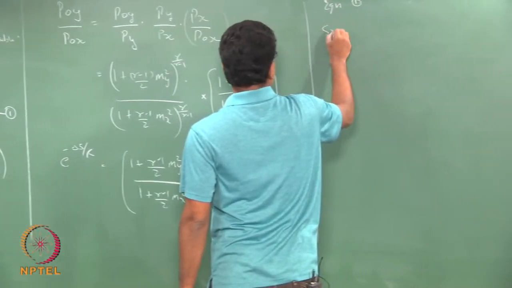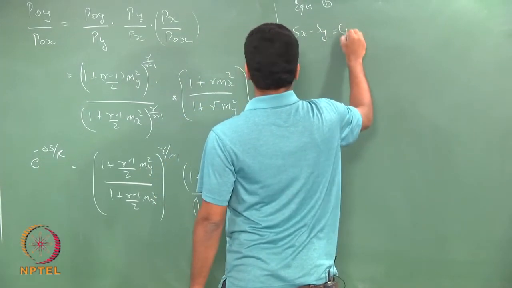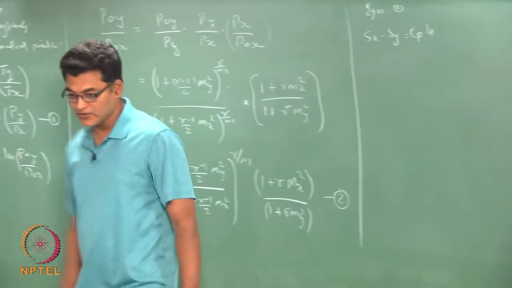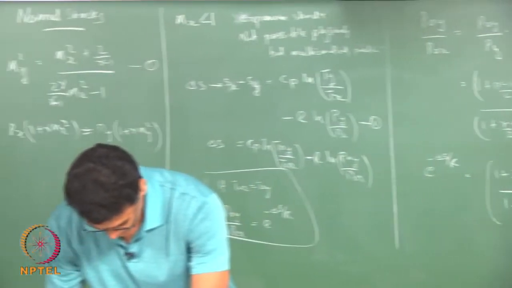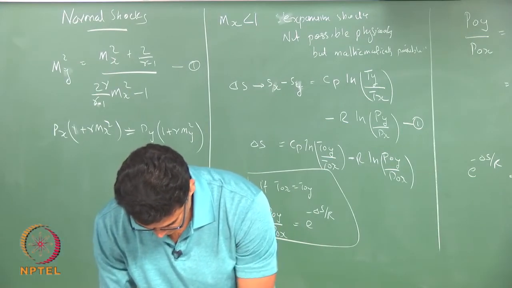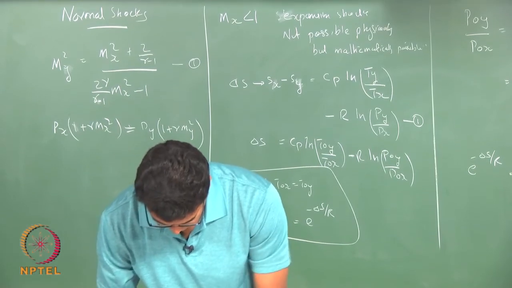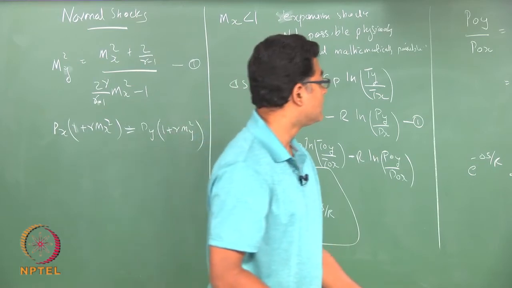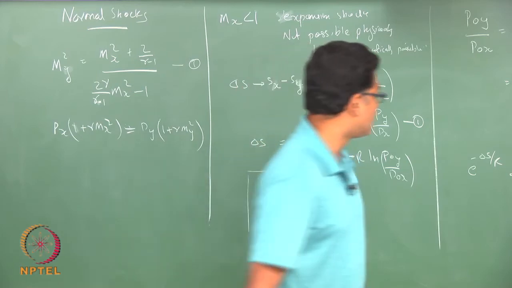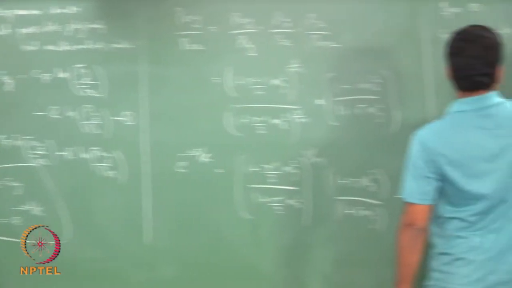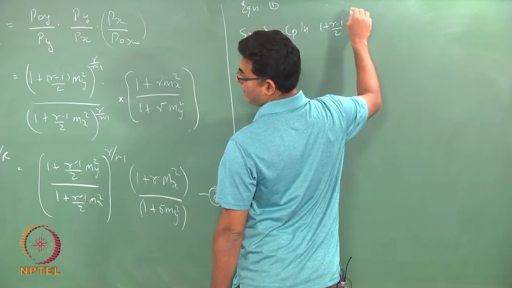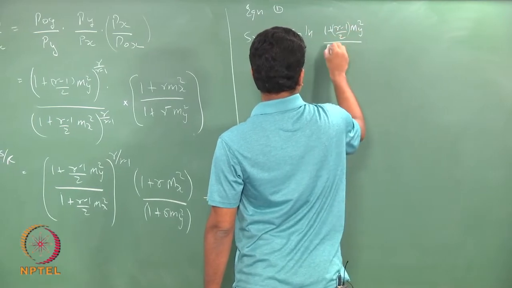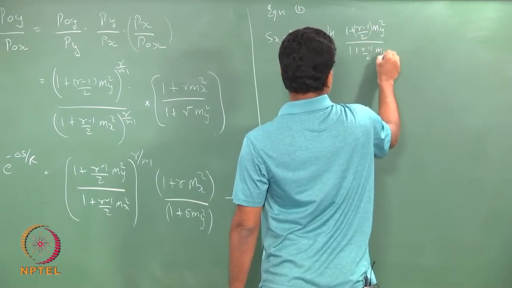which is Sy minus Sx equals Cp ln Ty by Tx, which we had shown the other day, where Tx by Ty is just 1 plus gamma minus 1 by 2 My square divided by 1 plus gamma minus 1 by 2 Mx square.